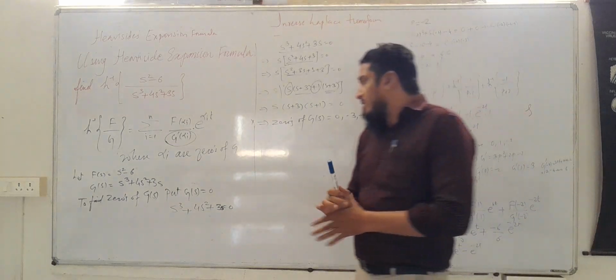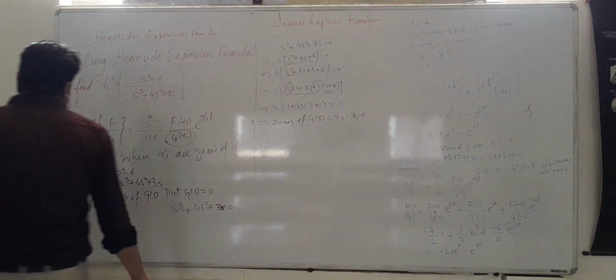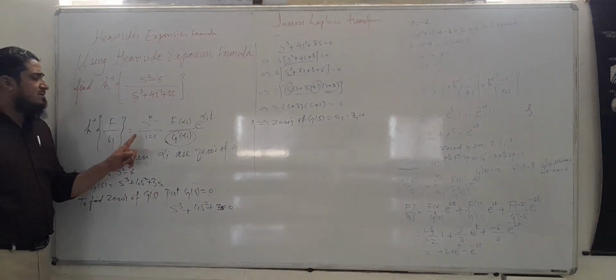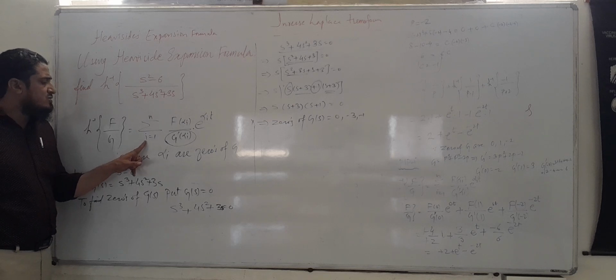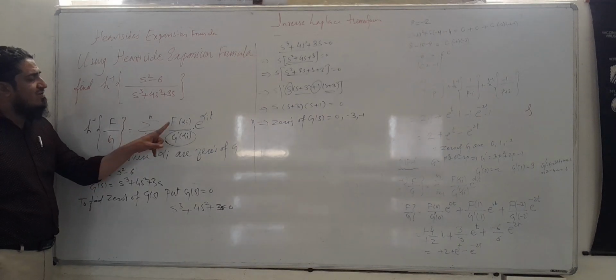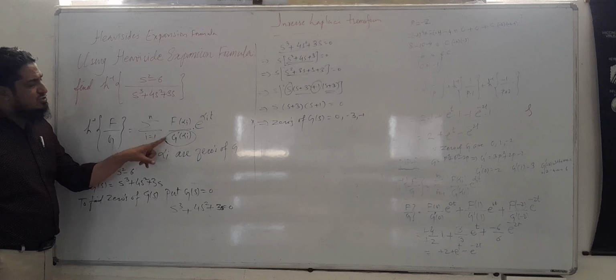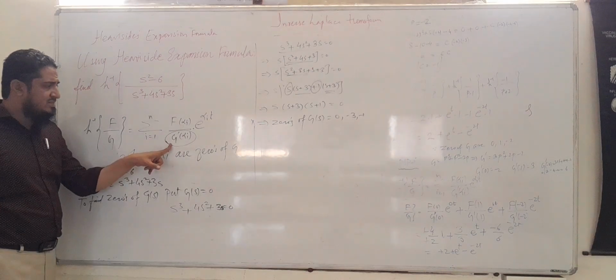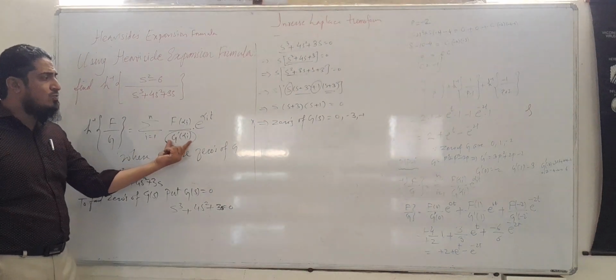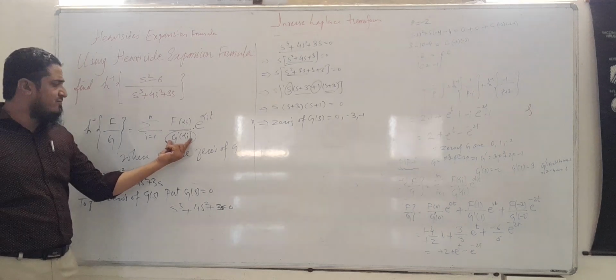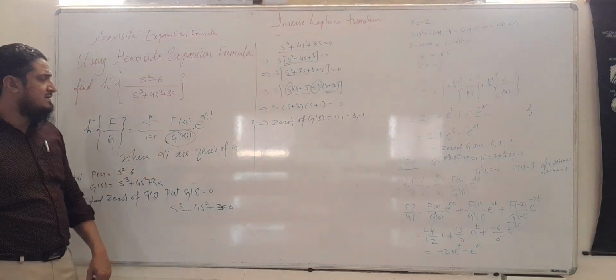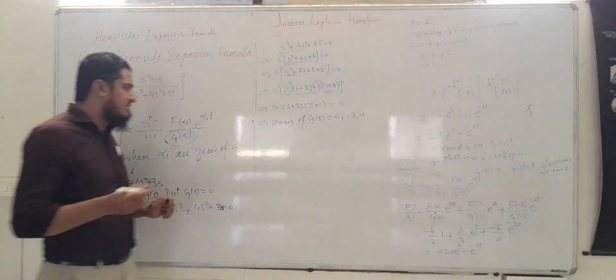Now, since in the summation, i equals 1 to n, of f of alpha i upon g dash of alpha i, we have to calculate the first derivative of g of s.